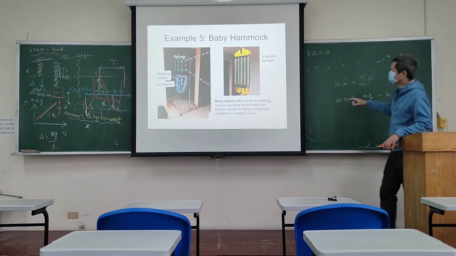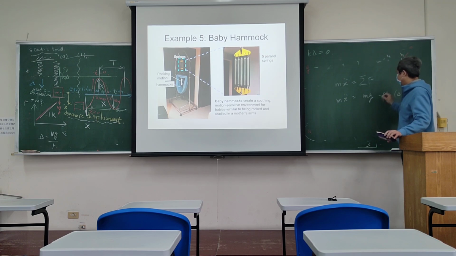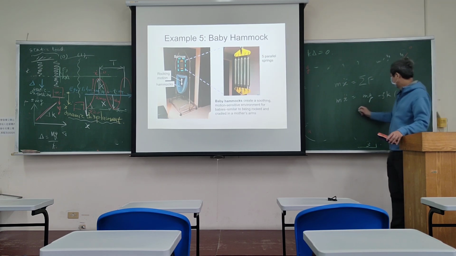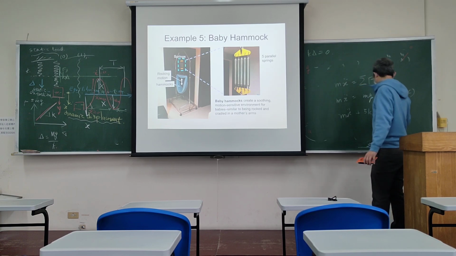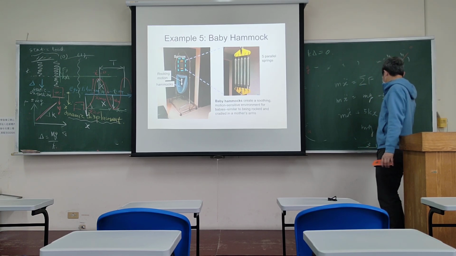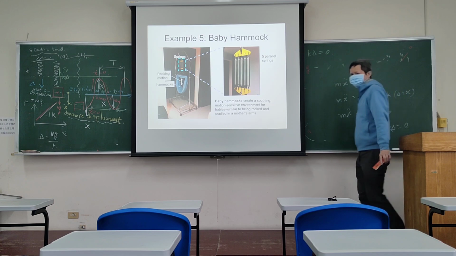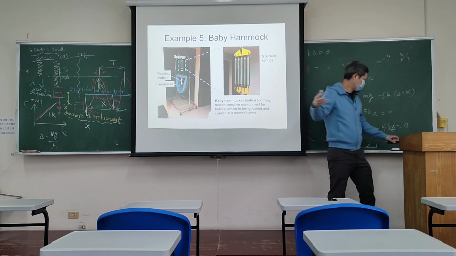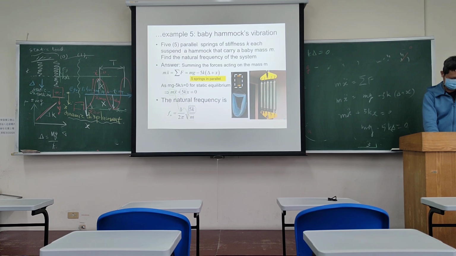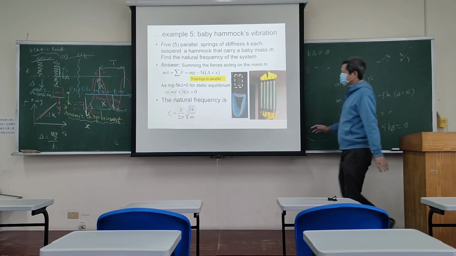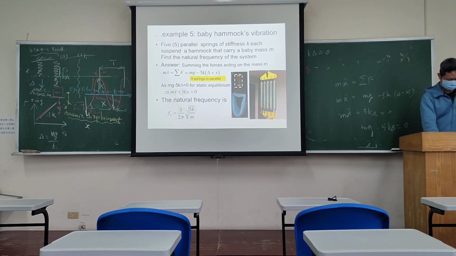If you now have 1, 2, 3, 4, 5 springs opposing, then you can resolve it. The equation of motion is going to have 5kx, under the condition that mg minus 5k delta is 0. So when you process this problem, you can simply solve it with this equation, and you find that the natural frequency goes up when you increase the springs, or when you increase the weight.